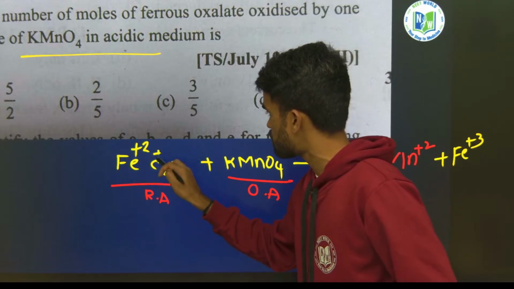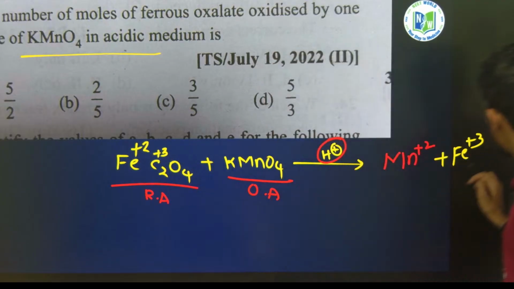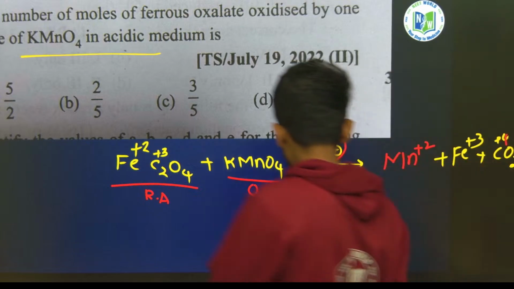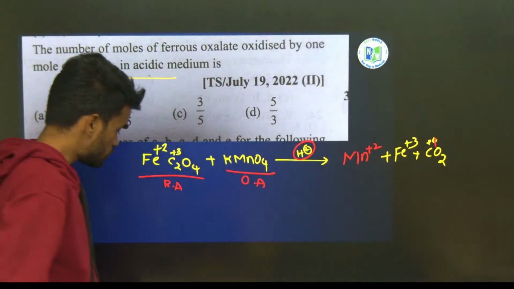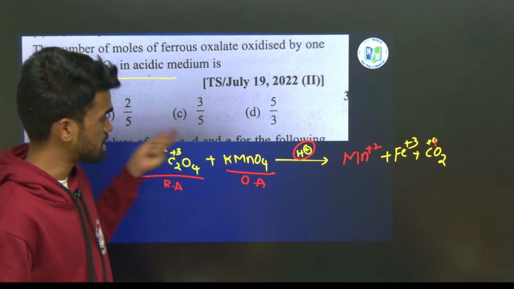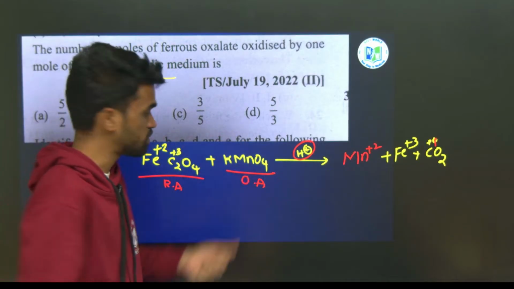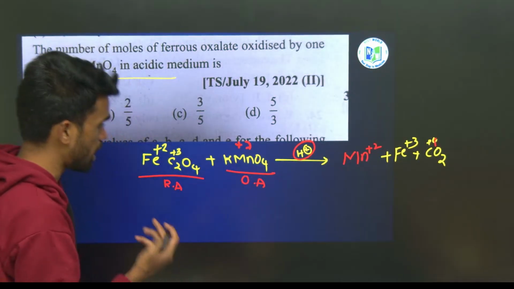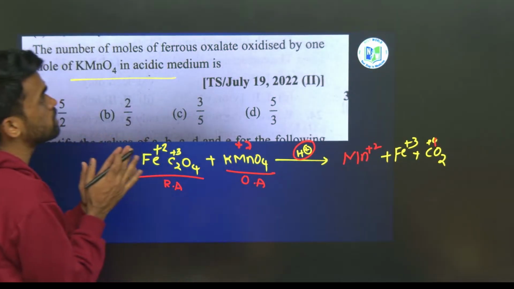Here carbon is in +3 and converts into carbon dioxide, CO2, where carbon's oxidation state is +4. See what I am saying: an oxidizing agent is that species which oxidizes others and reduces itself. +7 is converting into +2, so it is undergoing reduction. So how to do this question?